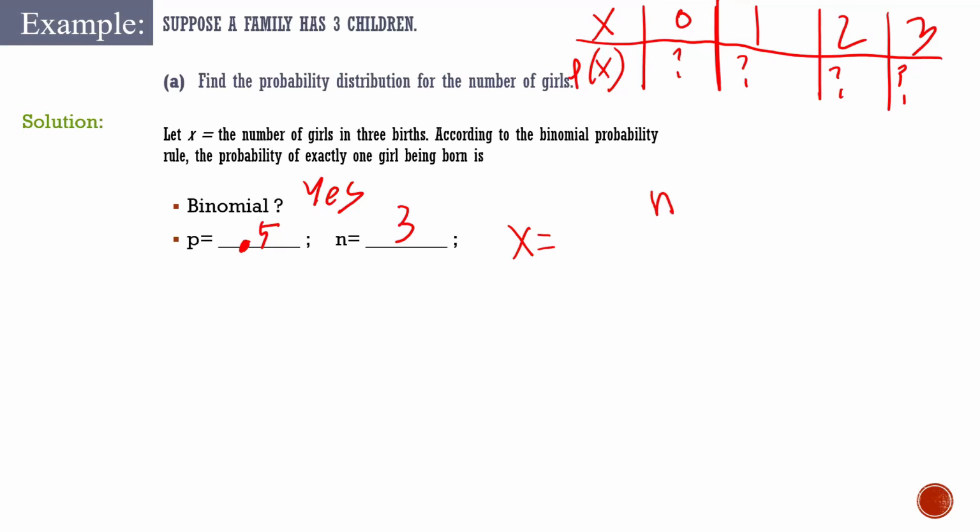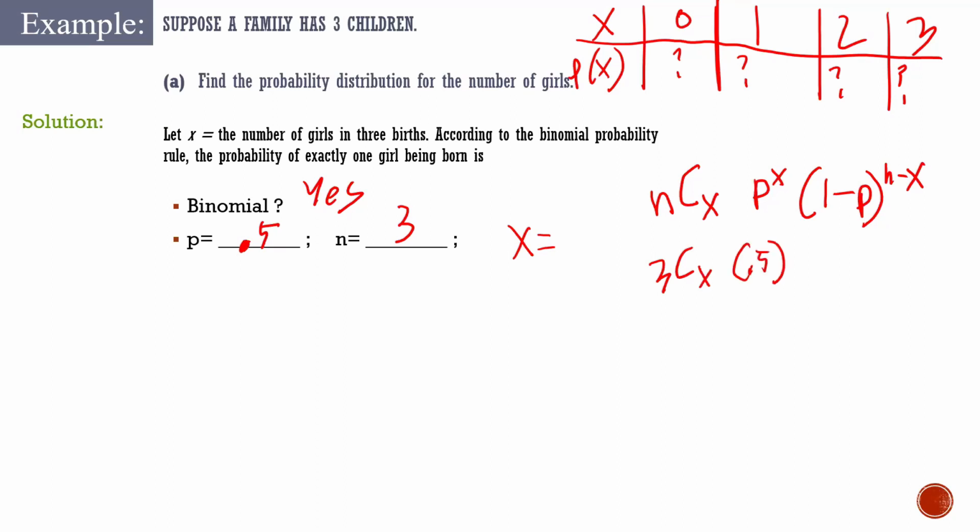N choose X, P to the X, 1 minus P to the N minus X, right? N is 3. X we're varying, right?